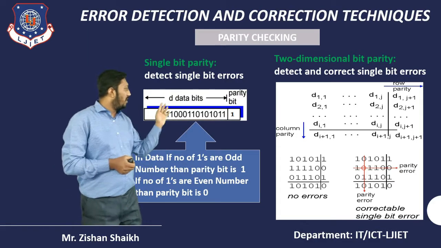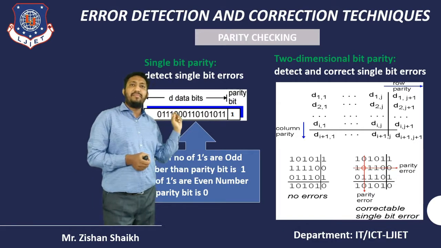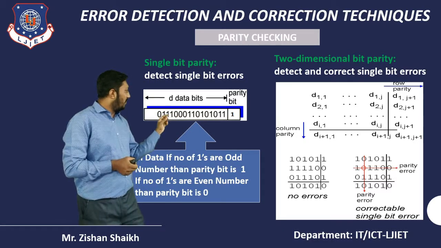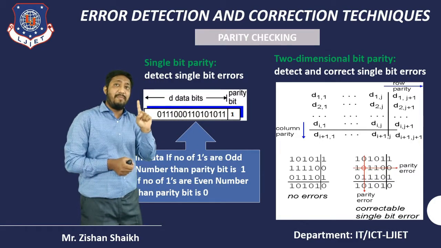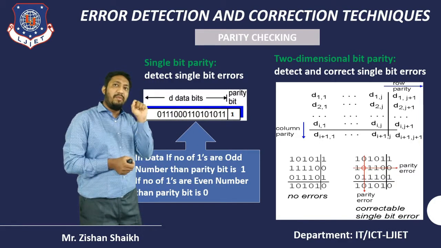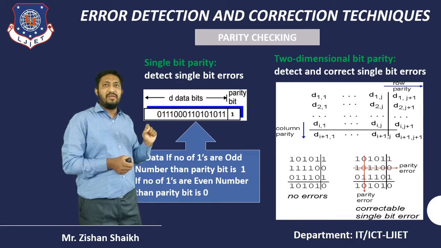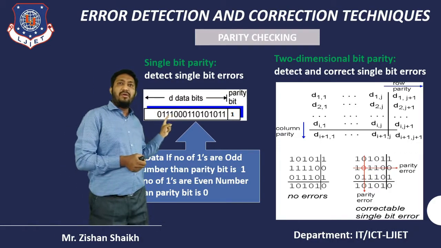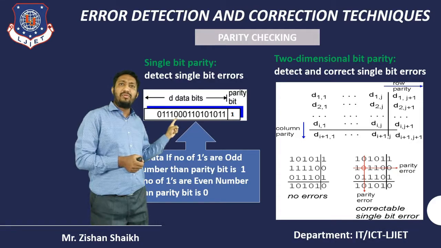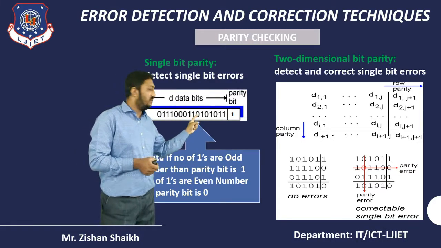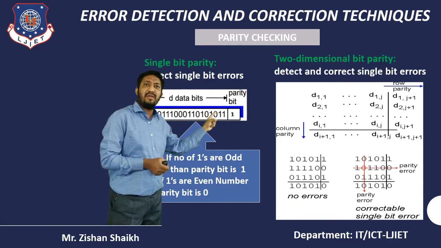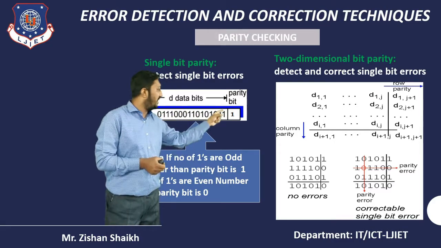According to this data, we have to count the number of ones. Let's count: 1, 2, 3, 4, 5, 6, 7, 8, and 9.